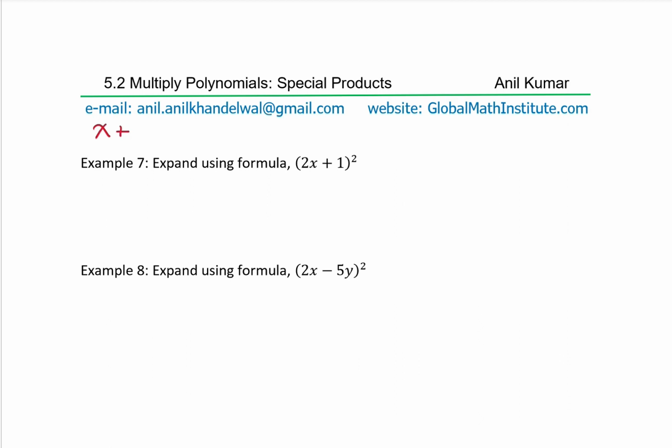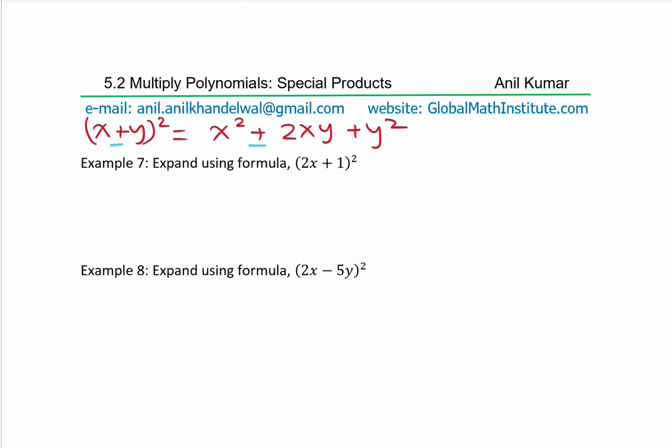Let's say we have (x plus y) whole squared, then it really means x squared plus 2xy plus y squared. However, if the plus is changed to minus, then the middle term becomes minus. Remember, the square of a negative term is always positive, and that is why the last term is positive.